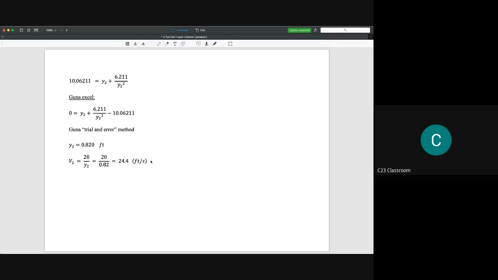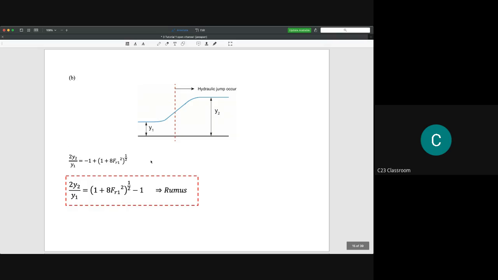So the main idea is by using the energy equation and the continuity equation, you just derive the equation between point 1 and point 2 and then solve them, and you could get the values of y2 and v2.